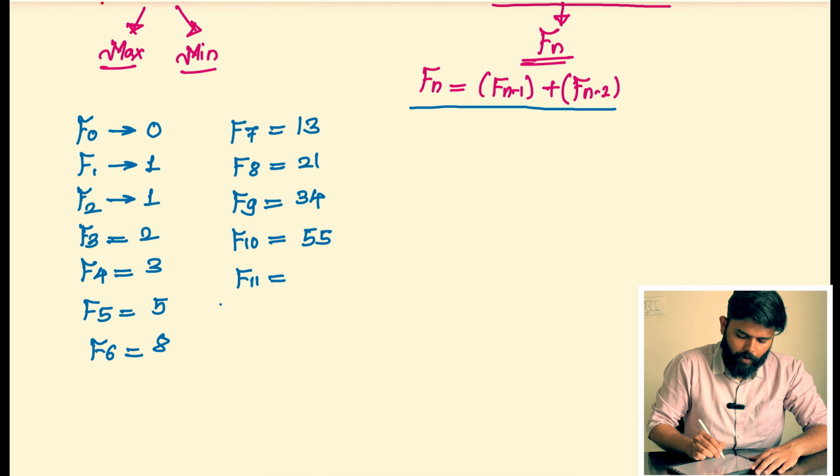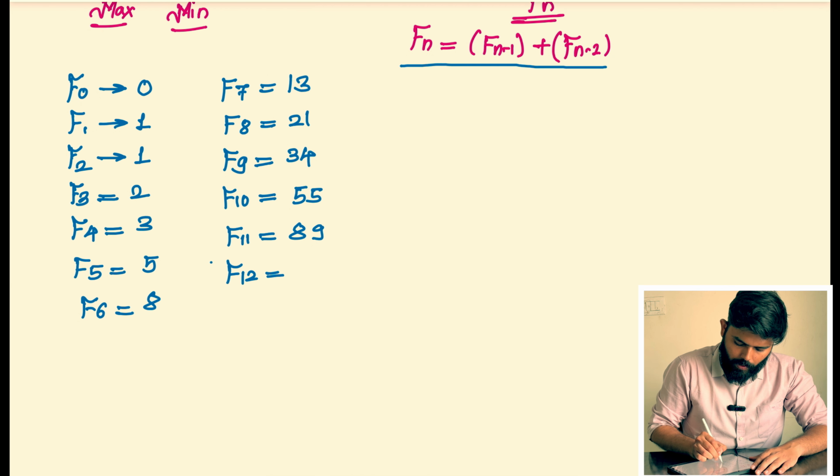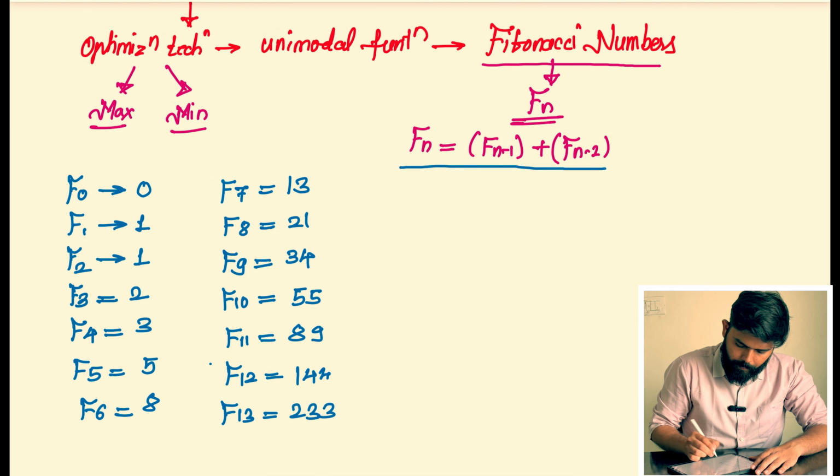F11 is 55 plus 34, that is 89. F12 can be calculated as 144. F13 can be calculated as 233. F14 can be calculated as 377.